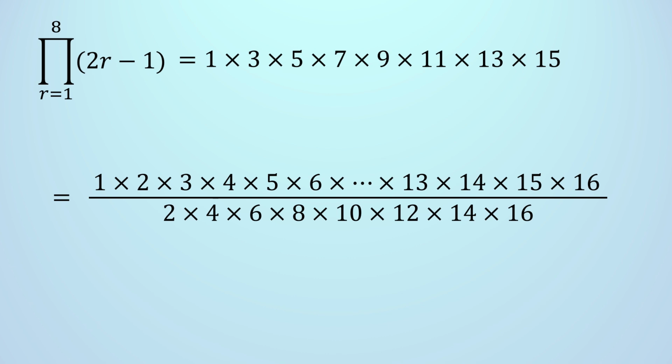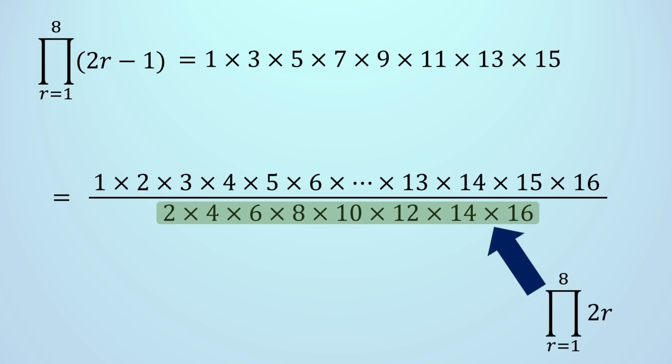But that's a trick that's only helpful if the sequence we're dividing by is a sequence that we can easily find the product for. Good news though, because of the very specific scenario we're dealing with, the numbers that we're dividing by all happen to be the even numbers. So therefore they have an nth term of 2r. And that's great news because we already dealt with finding the product of sequences that are of the format a constant times r.